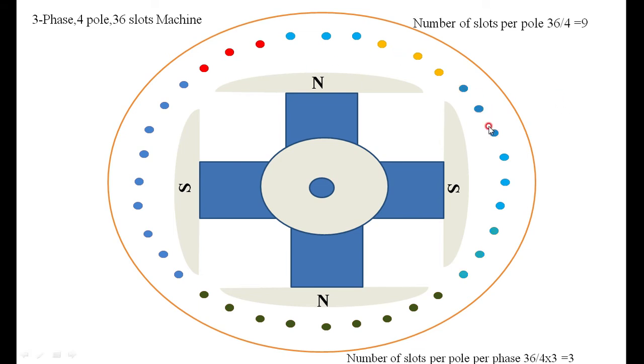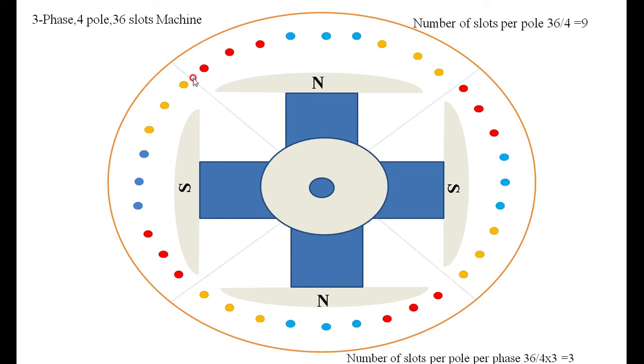Similarly here also the conductors are distributed for R, B and Y. Under the next pole also, once again these are distributed for R, B and Y. Here also R, B, Y. This means the conductors are first distributed for each pole, and under each pole they are redistributed for each phase, that is 3 for each phase. I am distributing here for a 36 slot, 4 pole machine.